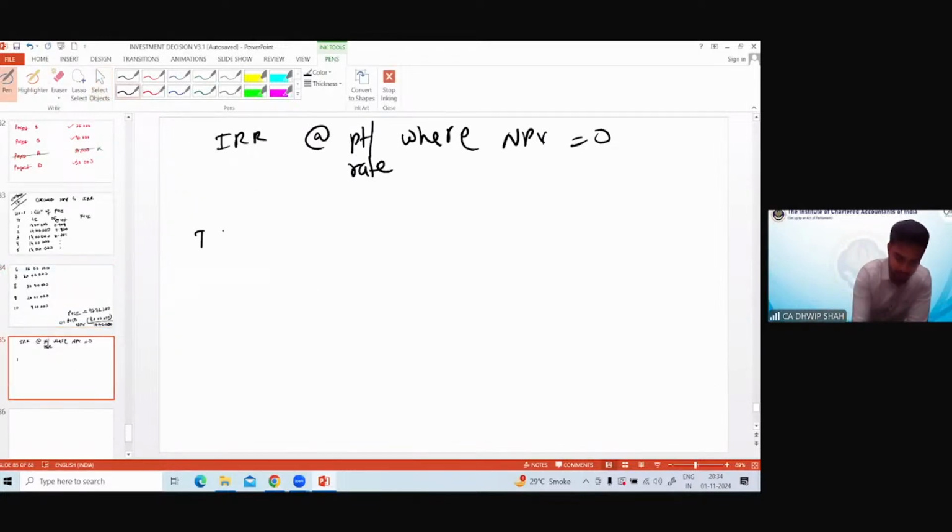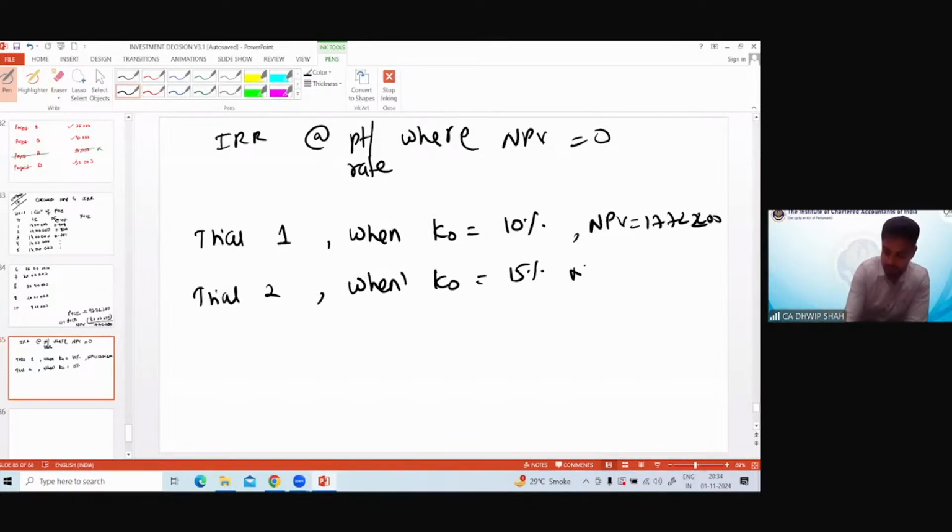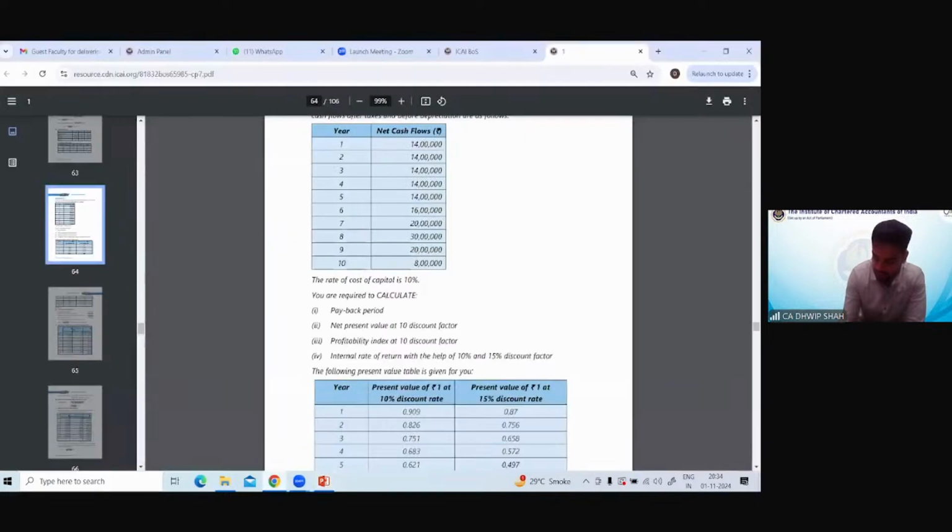So trial 1 is already done. Trial 1, when Ko is equal to 10%, our NPV came to 17 lakh 72,200. Now let's calculate NPV at trial 2, when Ko is equal to 15%. In that case, NPV should definitely be on the negative side.